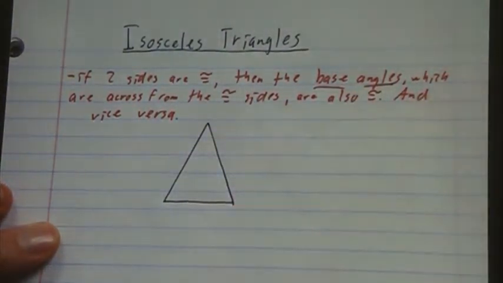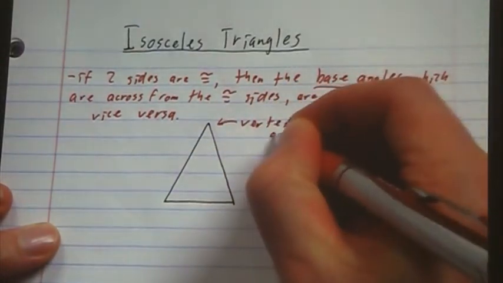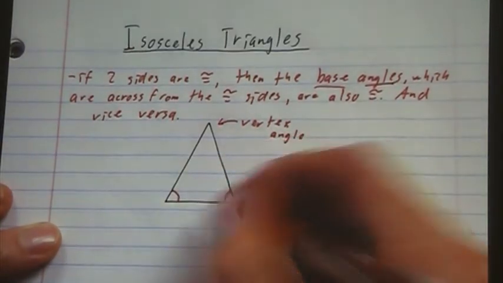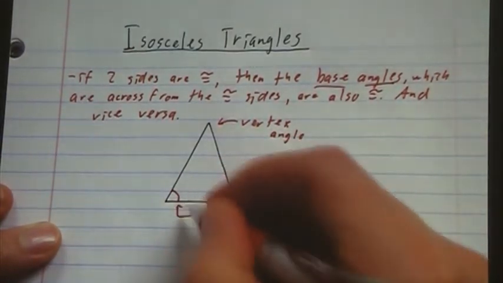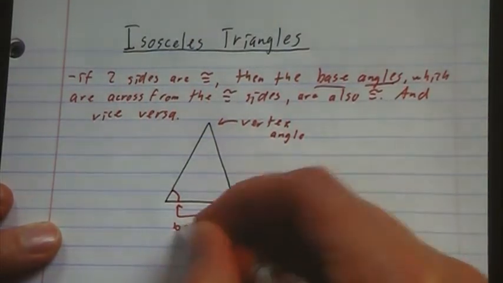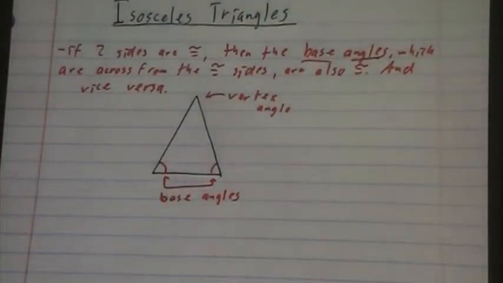So here's our vertex angle up top. And these guys here are our base angles. They are congruent. It doesn't necessarily have to be angles on the bottom of your triangle. They just happen to be in this picture. But the base angles are the angles that are congruent.